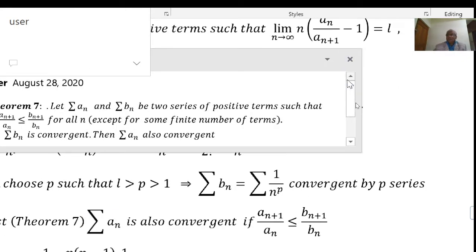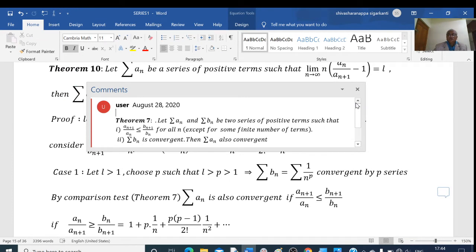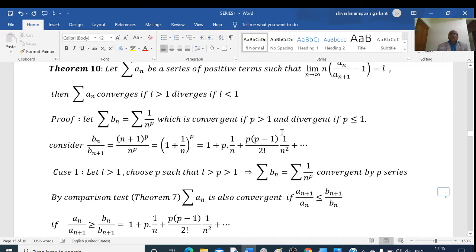Using this theorem, by theorem 7, sigma a_n is also convergent if a_(n+1) by a_n is less than or equal to b_(n+1) divided by b_n.